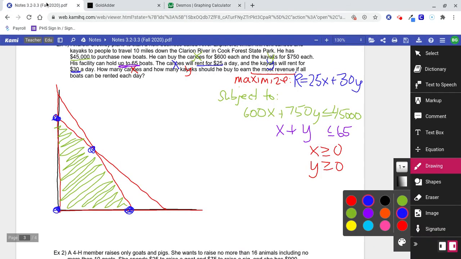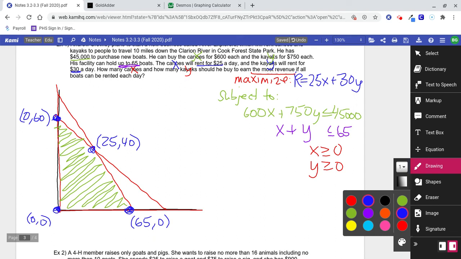I'm going to label those corners. And that's basically most of my work. Make sure you label the corners.